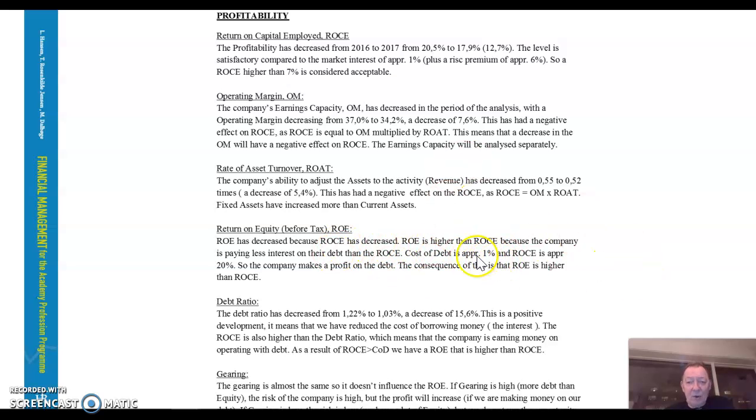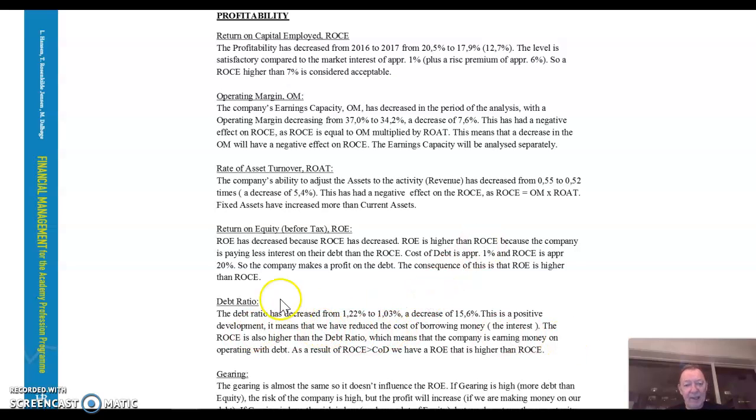Because if you can take a loan at 1%, and that is your percentage in this company, and you can invest the money in your company and have a return on capital employed of 17, you are making a rather good profit working with debt. So take a cheap loan, 1%, invest in the company at 17%, and you will have a small profit that will be added to your equity. And therefore, your return on equity is higher than your return on capital employed.